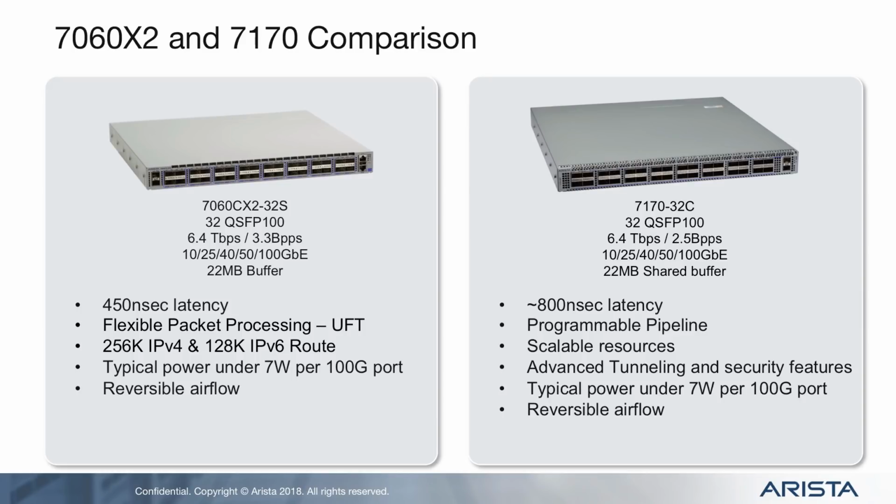Where the 7170 adds additional capability is the support for programmable profiles, enabling large-scale NAT, tunnels, and advanced network telemetry that are applicable to many large enterprises and service provider environments. Now, as all the Arista products come with a single EOS image, it's a simple matter to run any of these with a single software version in a common operational model, allowing faster deployment no matter which models you select.